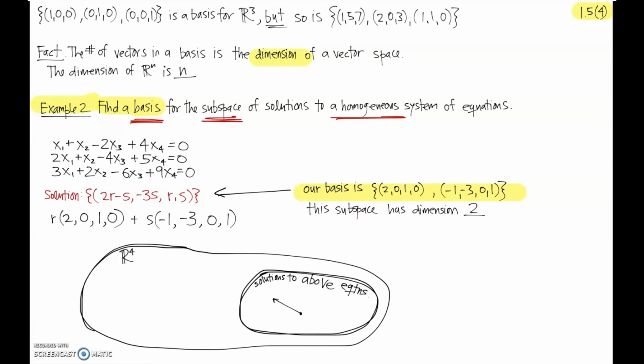This is the framework. I don't know exactly what they look like because these 2 vectors are in R4, but those 2 vectors can build the whole space just through linear combinations. And so this whole subspace can be built by linear combinations of these 2 vectors.